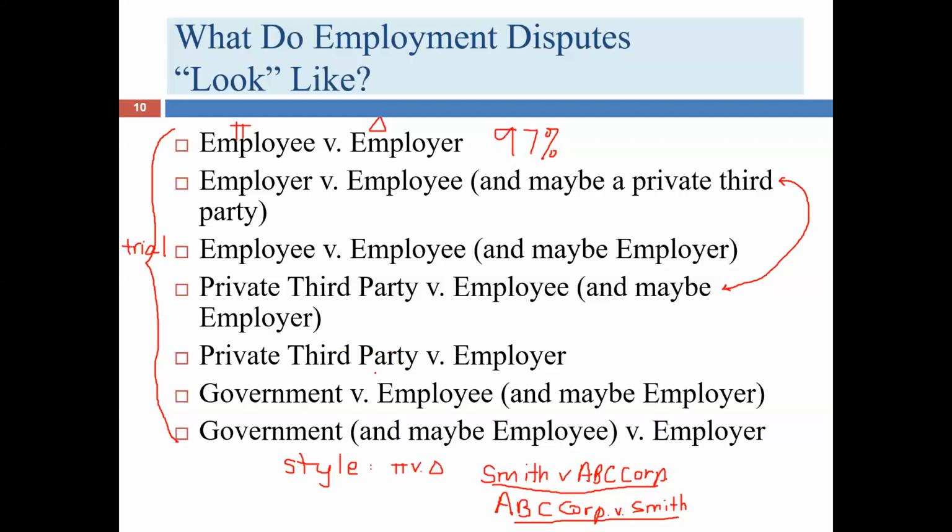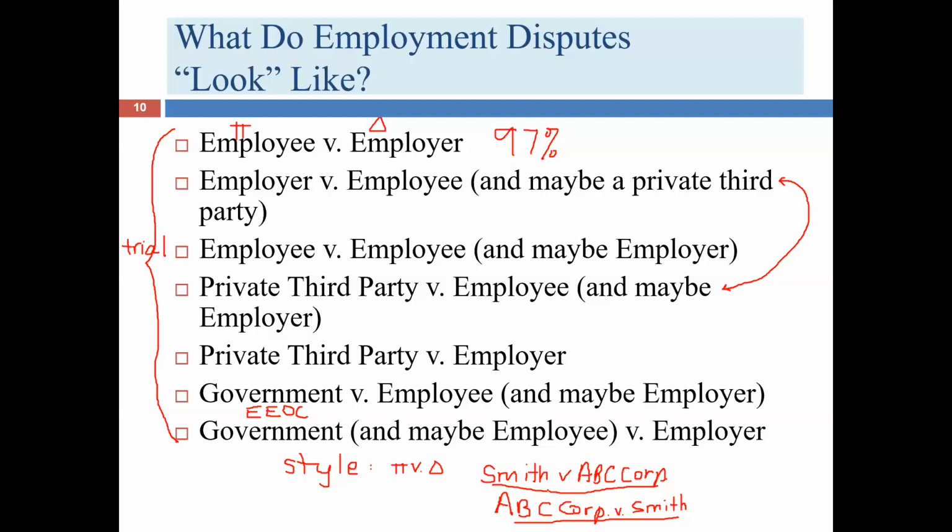Another common way that these cases develop is that the government, oftentimes the EEOC, will sue on behalf of the employee. So going back to the example I have with Bob Smith, in this scenario, Bob sues his former employer on his own behalf. But probably Bob had to file a charge with the EEOC before he was able to file his lawsuit against his former employer.